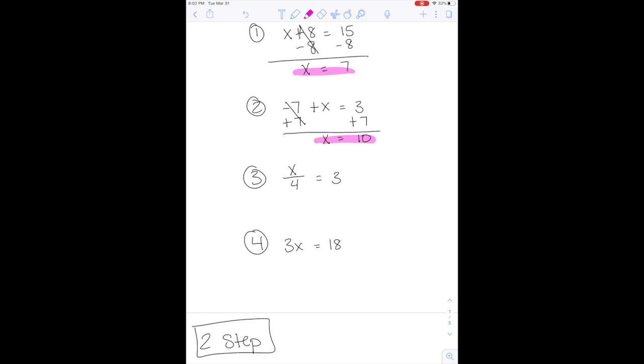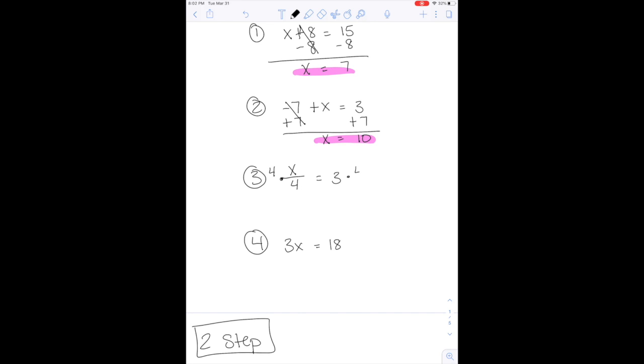Example 3 is where it gets trickier for some people. We need to get x by itself, and when we have a fraction, that means we're dividing. So right now we have x divided by 4. And if I asked you what the inverse of division is, hopefully you would all know that the inverse or opposite is multiplication. So in order to undo that division, we need to multiply both sides by 4.